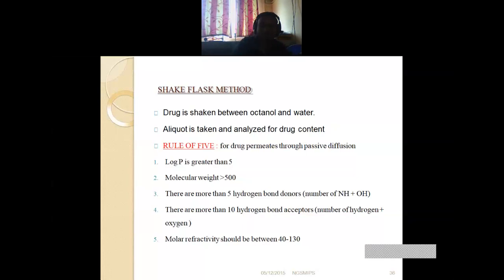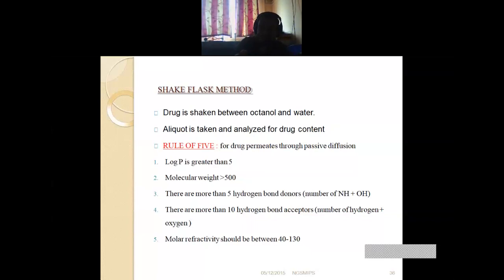Okay, the next rule: there are no more than 5 hydrogen bond donors. If the drug has up to 5 hydrogen bond donors, then it will follow passive diffusion. There are no more than 10 hydrogen bond acceptors, that means the number of nitrogen plus oxygen.